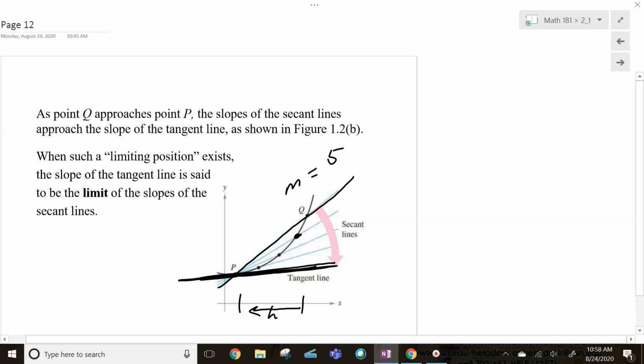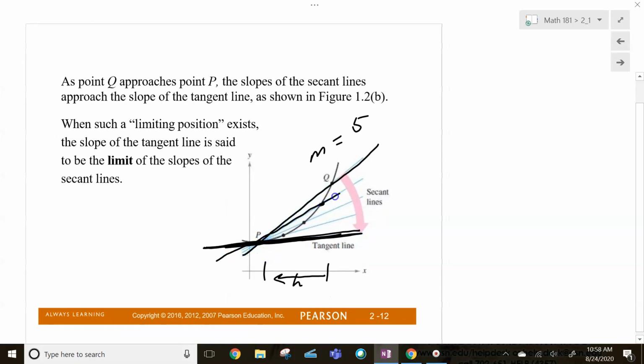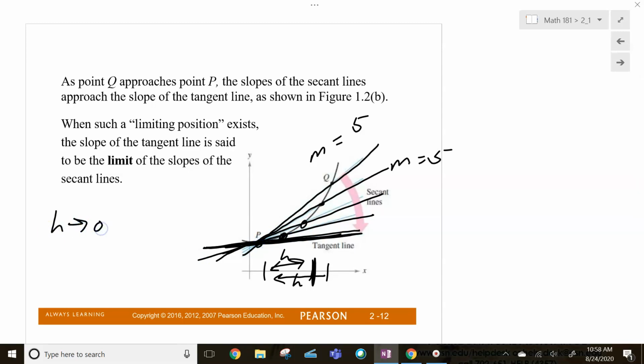So let me bring that down. Now that slope looks a little closer. This slope is 4, but notice I'm bringing this in. Now it's only this h distance. That's a little better. I bring the point Q down, down. I bring the Q closer. As I get closer and closer and closer, in other words, as h distance goes to 0, I will get the slope of the tangent line.